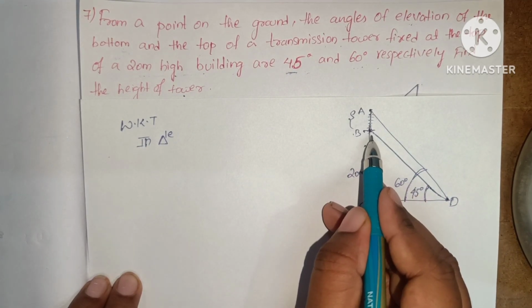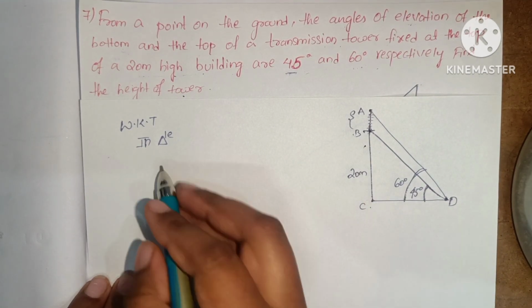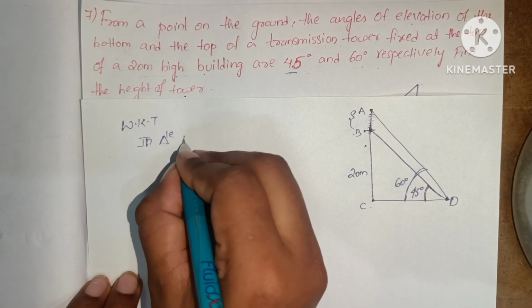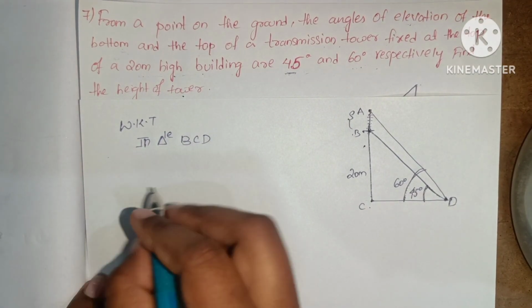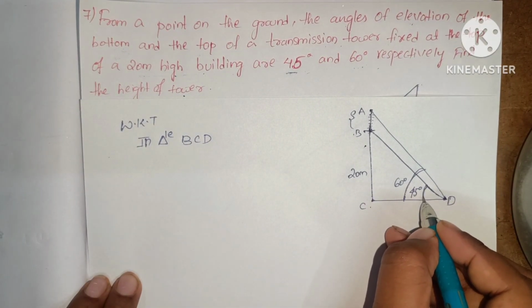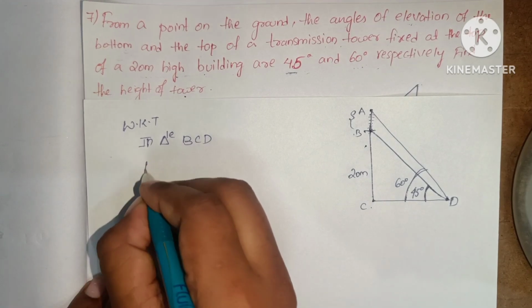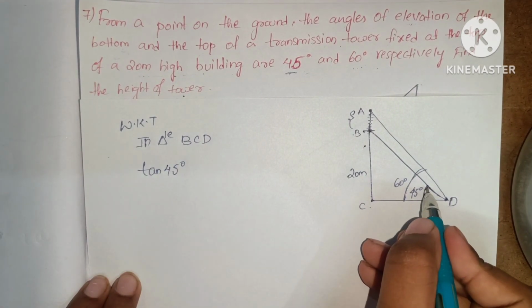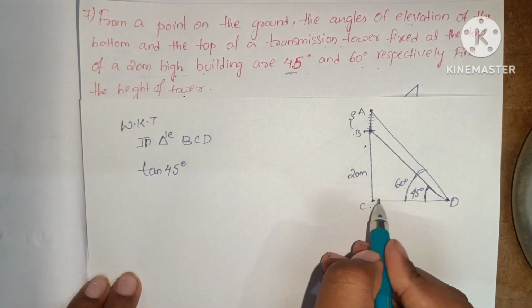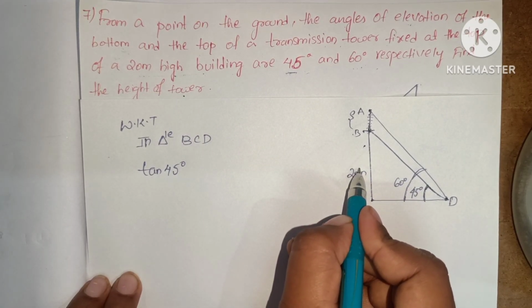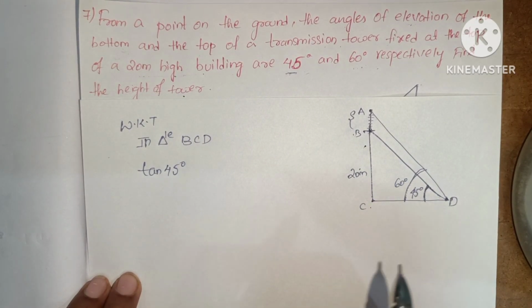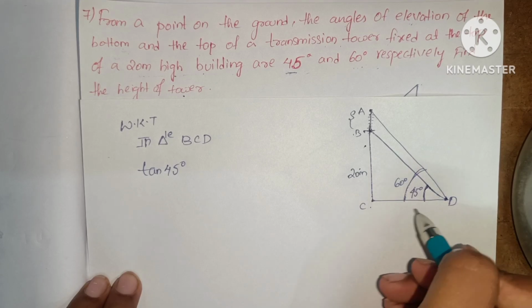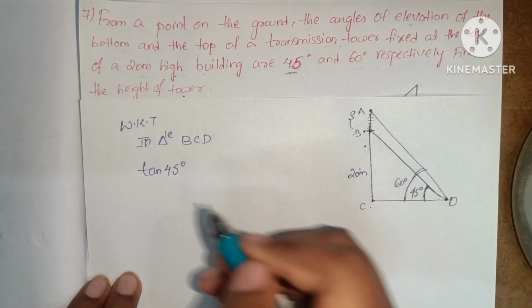So first we will take the small triangle. So in triangle BCD, this small triangle, the angle is how much? 45. That means tan 45 degree. Why did I take tan 45 in the small triangle? You know the opposite side and you want the adjacent side. That's why I wrote tan 45.